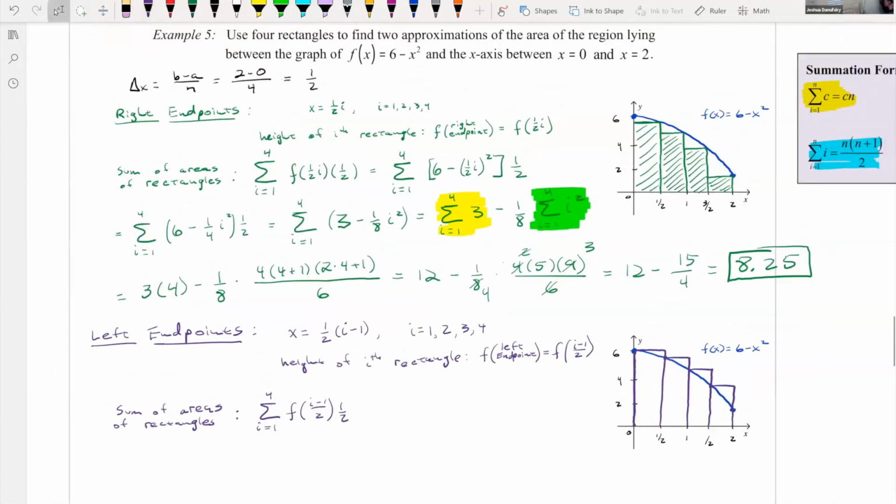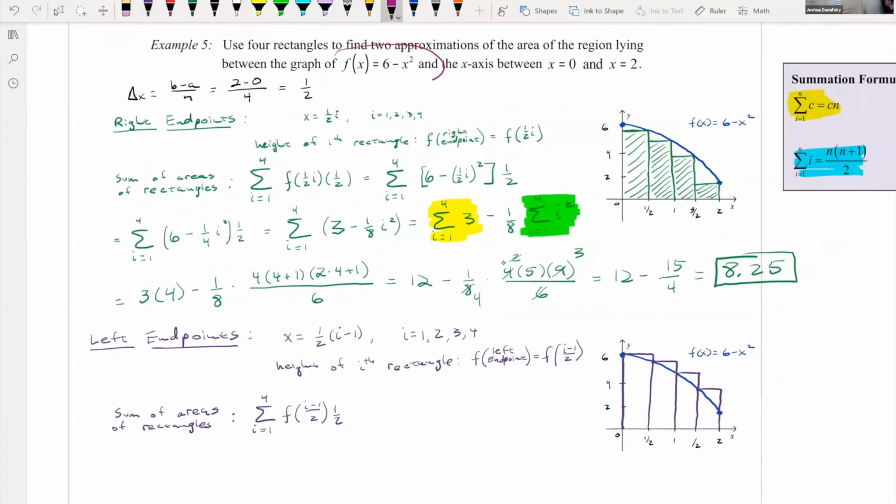So from there, we're going to look back at our function way up here, and we're actually going to plug in (i minus 1) over 2 to get the heights of each of our rectangles.